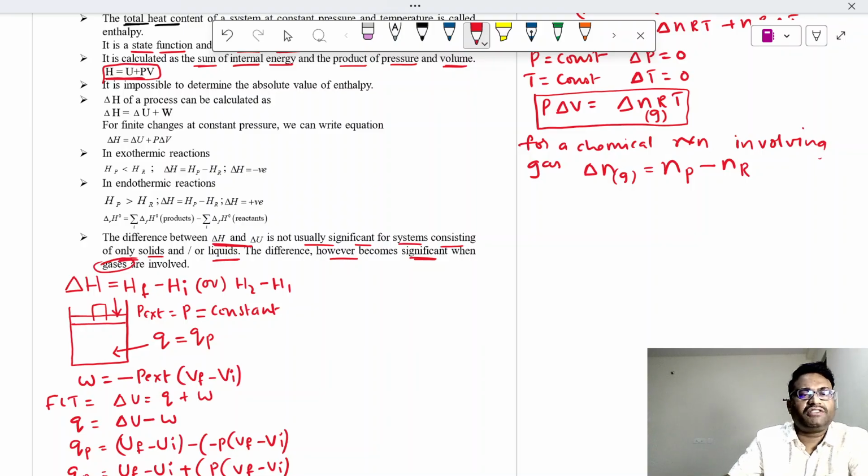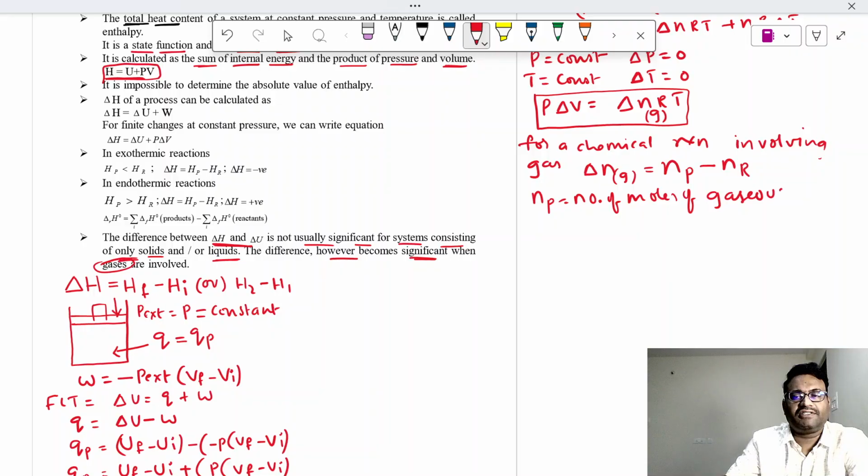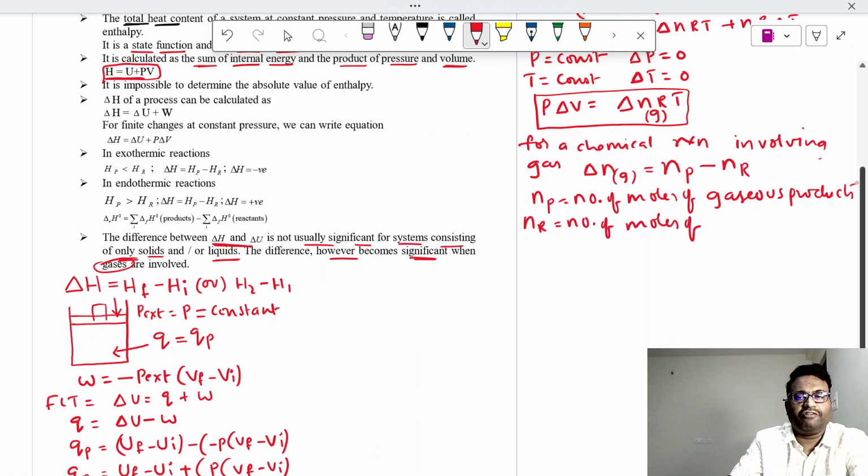Here NP is the number of moles of products in the gaseous state, and NR is the number of moles of gaseous reactants.